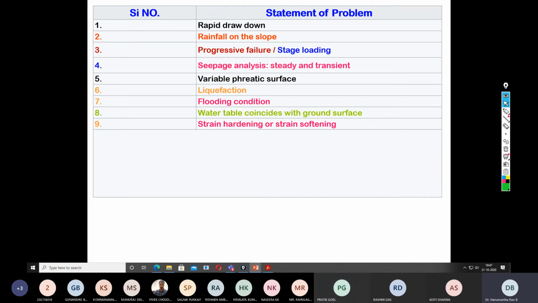What happens to the factor of safety? Otherwise, what is the point in doing the factor of safety analysis for rapid drawdown or rainfall or progressive failure? So we will analyze all the situations and the least factor of safety will then be provided. May not be in all cases, from case to case. For example, you take the railway track or the road. Among these conditions, which one can prevail?